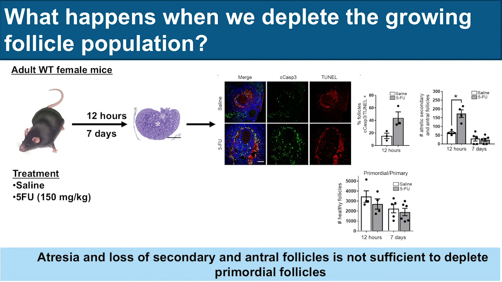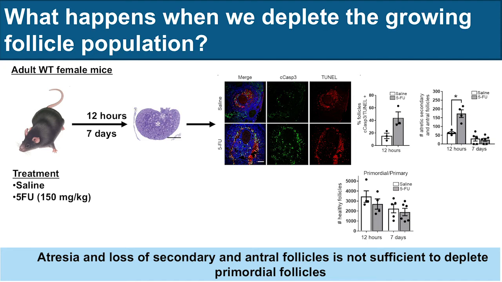So these ovaries were harvested 12 hours and 7 days after this treatment, and we found that, as we expected, there was a significant amount of apoptosis in the granulosa cells of secondary follicles, which we could measure very clearly by caspase staining or TUNEL staining. And there was an increase in the percentage of secondary follicles that were undergoing apoptosis, and an increase in the number of secondary follicles and antral follicles that were atretic.